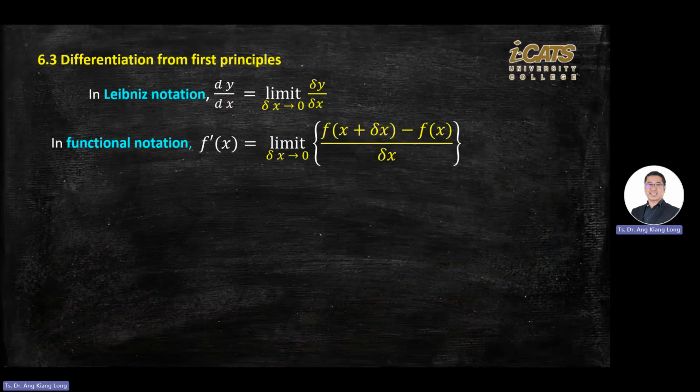So you have two notations. Either the one that you see, if you change the delta x, with this very small x near to 0, you can change the delta to d. The d means you can measure with your ruler things that you can measure.